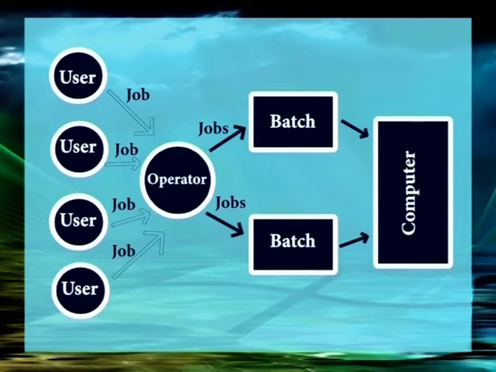The computer operator collects the jobs from various users and arranges them in batches. One batch may consist of similar types of jobs or a mixture of different types of jobs. One complete batch is submitted as a unit to the batch processing operating system for execution.